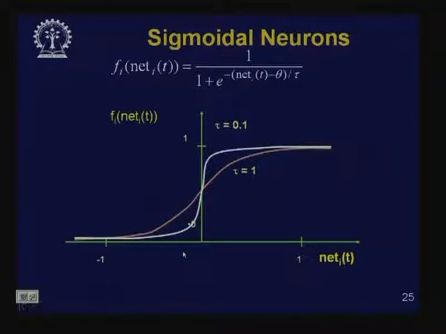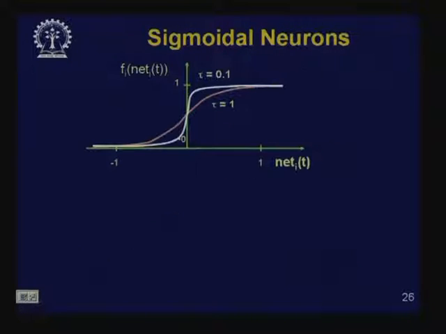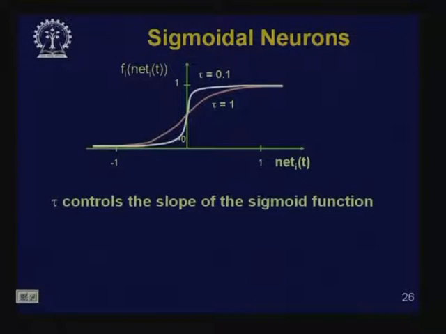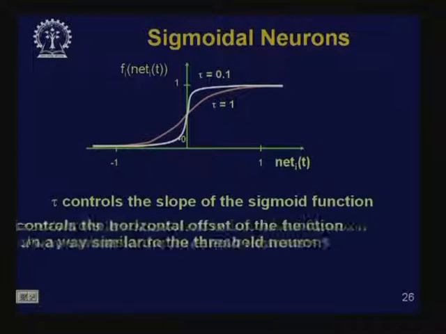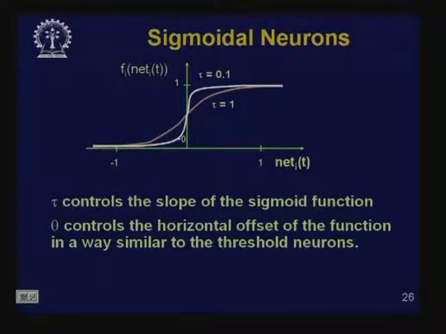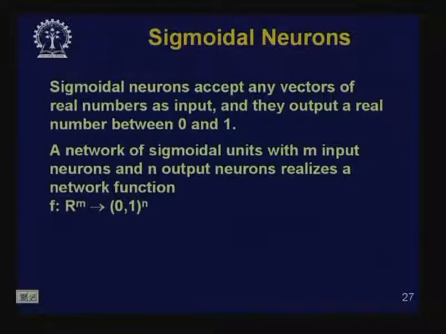So, if I make tau less than 1, we get a function which more closely resembles the step function. So, tau controls the slope of the sigmoid function. Smaller the value of tau, higher the slope. Theta controls the horizontal offset of the function in a way similar to the threshold neurons.